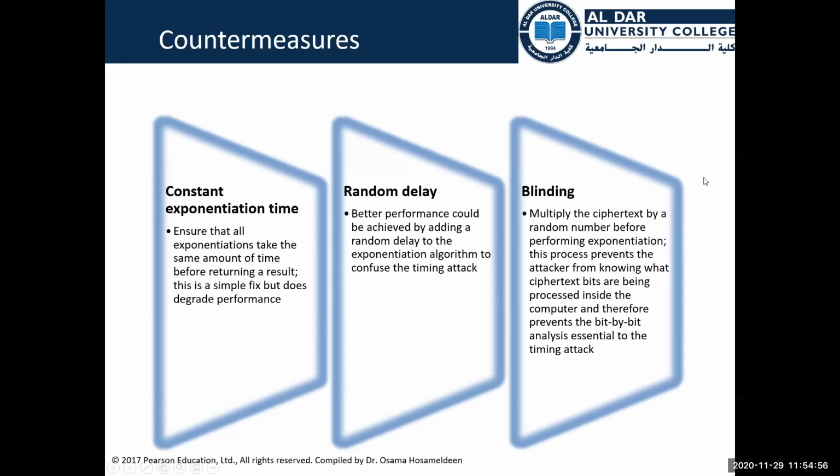Just multiply the initial integers that you want to encrypt by a random number, and then calculate. And then at the receiver, you do the opposite, which is to divide the resulting numbers by that random number.